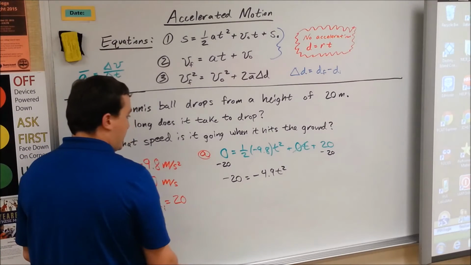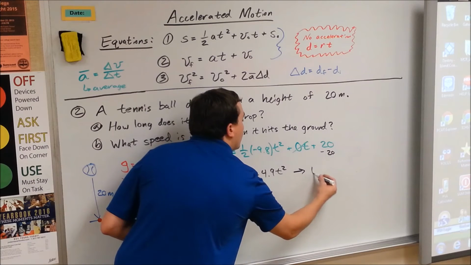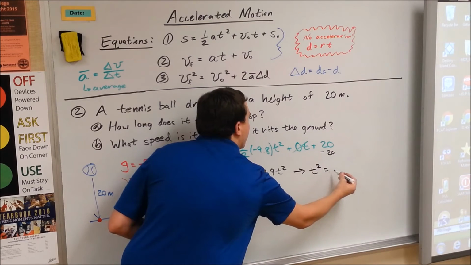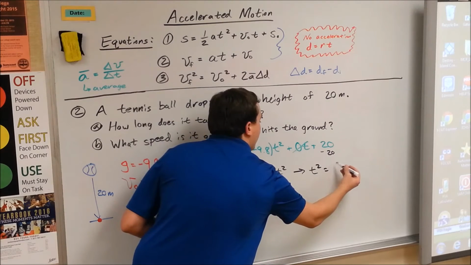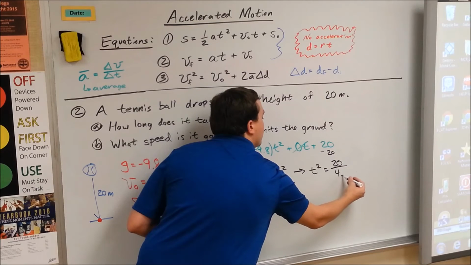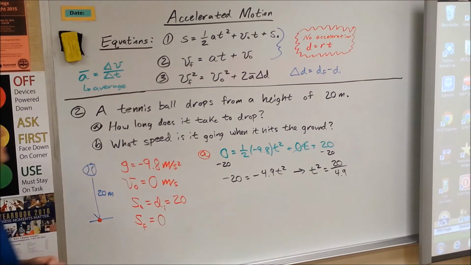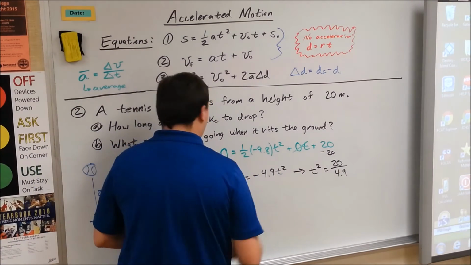Divide by negative 4.9. So t squared equals negative 20 divided by negative 4.9, which is the same as 20 divided by 4.9. Then you just take the square root of both sides.